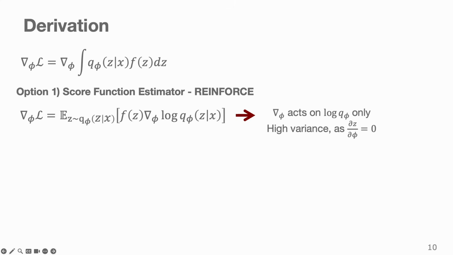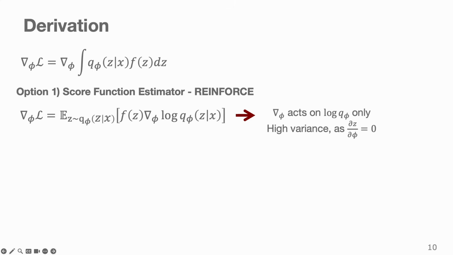And so there are two ways you can handle this. The first one is what we saw last week, which is the score function estimator, which in RL we call REINFORCE. And here, you can use the same derivation we did last week with the log derivative trick to move the gradient inside.